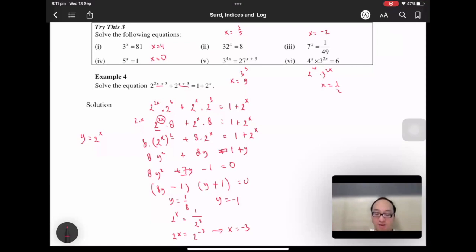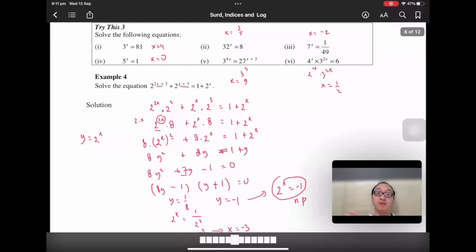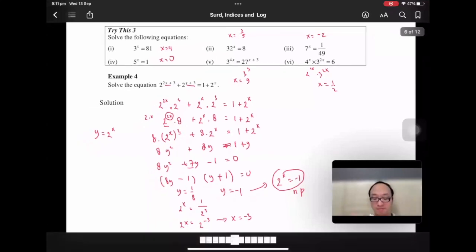From the right side, I write down here, 2 to the power of x is negative 1. And 2 to the power of any number cannot equal a negative number. So there is none. So from here, it's impossible, not applicable or not possible. So that's for this example.